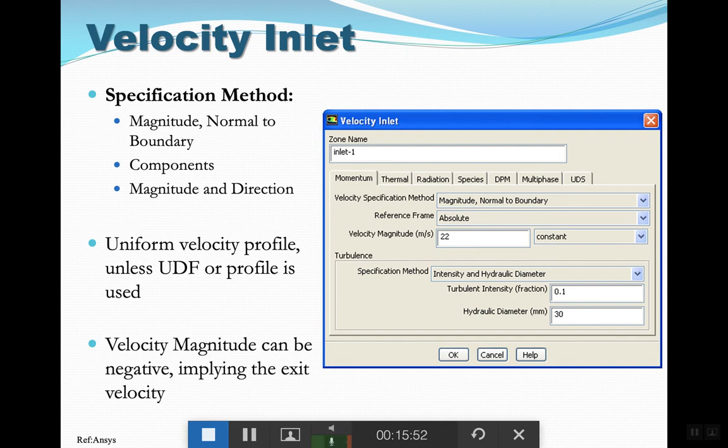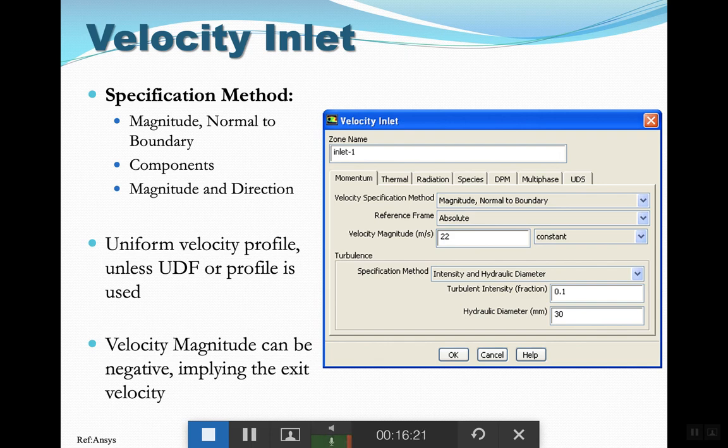There are different specification methods. There is magnitude and normal to the boundary. There is components, and there is magnitude and direction. So the way it works, if you choose the first one, you just provide the quantity of the velocity, like 2 meters per second, 3 meters per second, and the system will apply that normal to your velocity boundary, whatever the orientation of the boundary is.